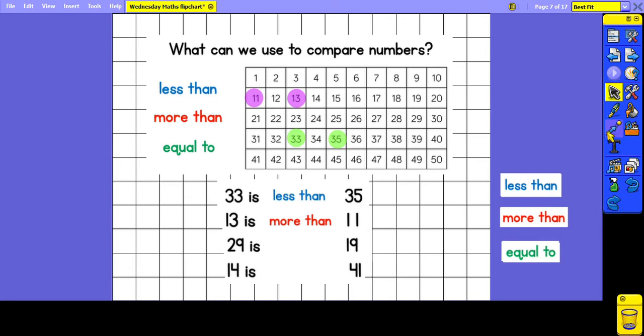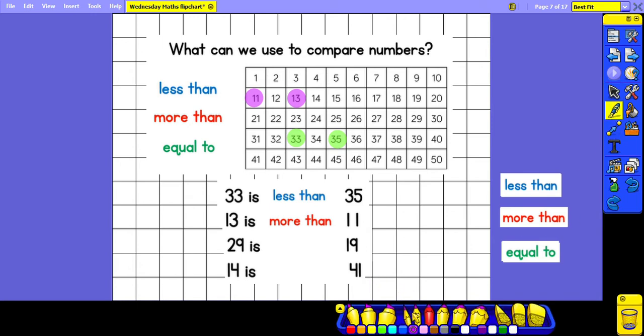Okay, and then we are comparing 29 and 19. So is 29 less than, more than, or equal to 19? We can see that 29 is 10 more than 19, so it is more than.